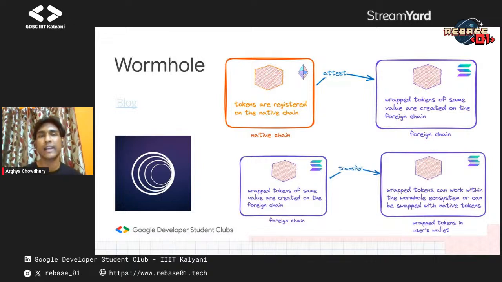and how exactly will it work? Using Wormhole, you can send these Ethereum tokens. First, in this attestation process, the Ethereum tokens will be minted on the Solana blockchain. How exactly will it work?